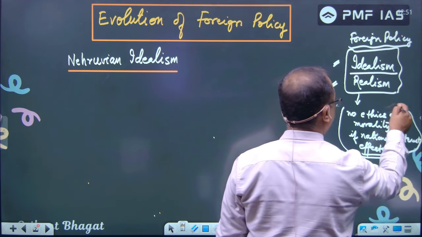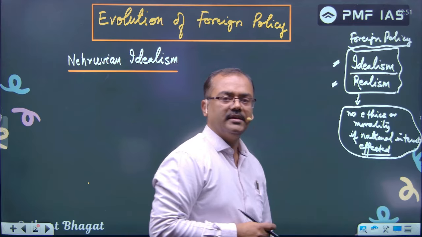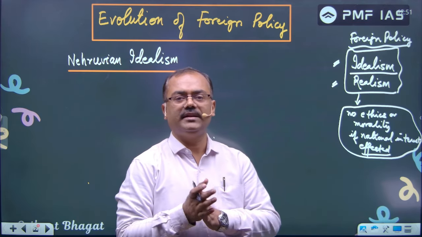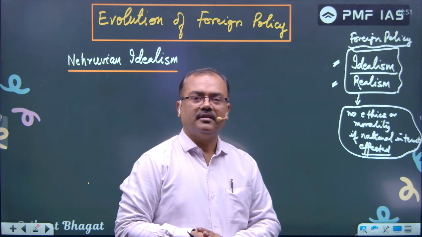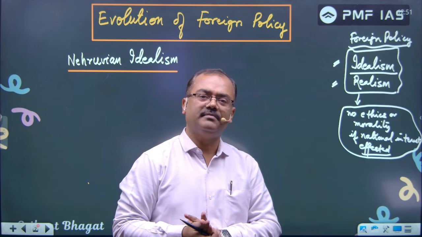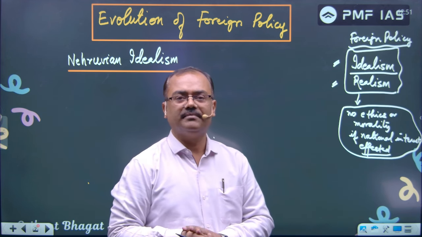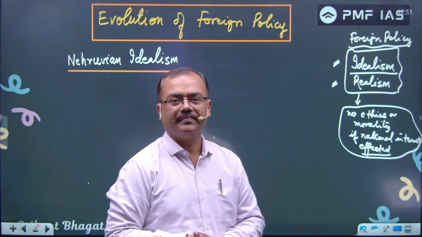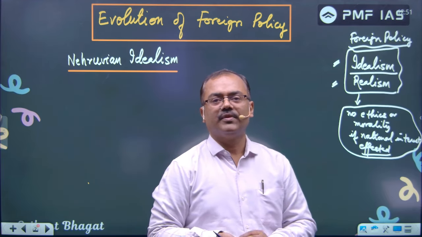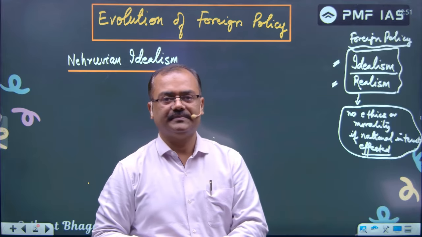If there is an effect on national interest, national interest will be the priority, morality will not be the priority. Same thing was said by Machiavelli, that everything is fair in love and war. So everything is fair in war at least.